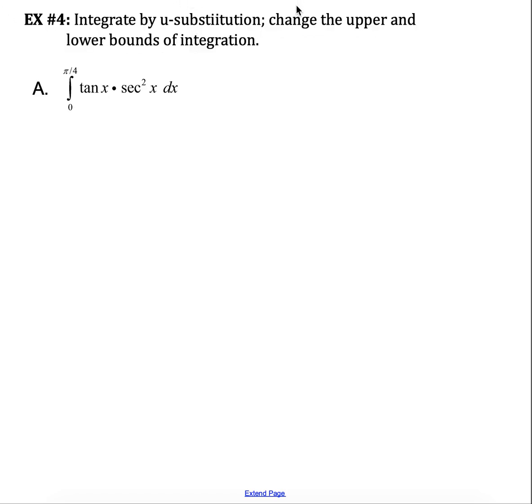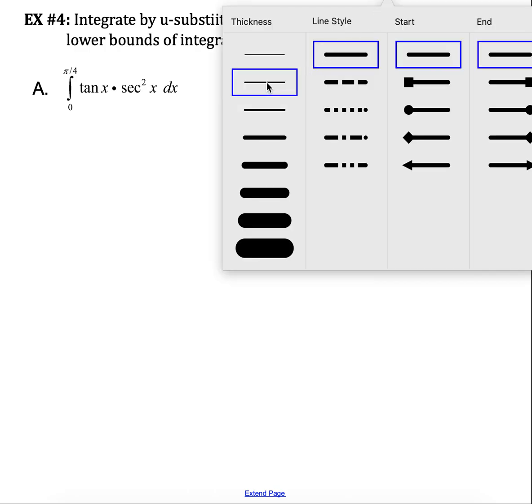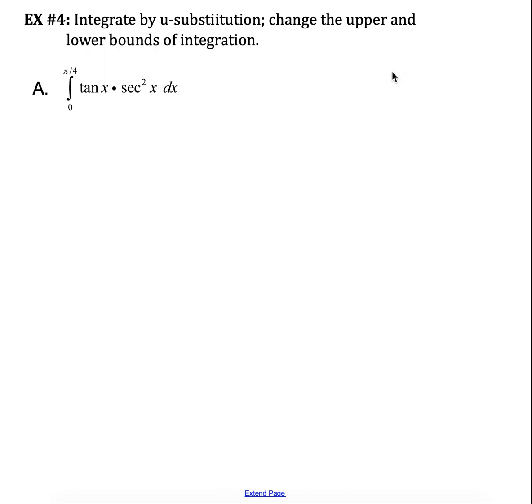Here we have the function tangent x times secant x squared, and we want to take the integral from 0 to pi over 4. Again, we see that we're going to use u substitution. I already see that tangent could be my u, because the derivative of tangent is secant squared, right?